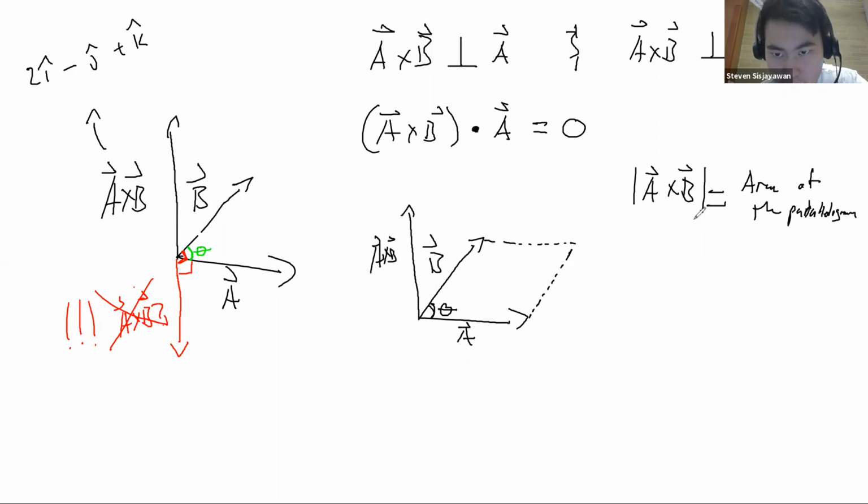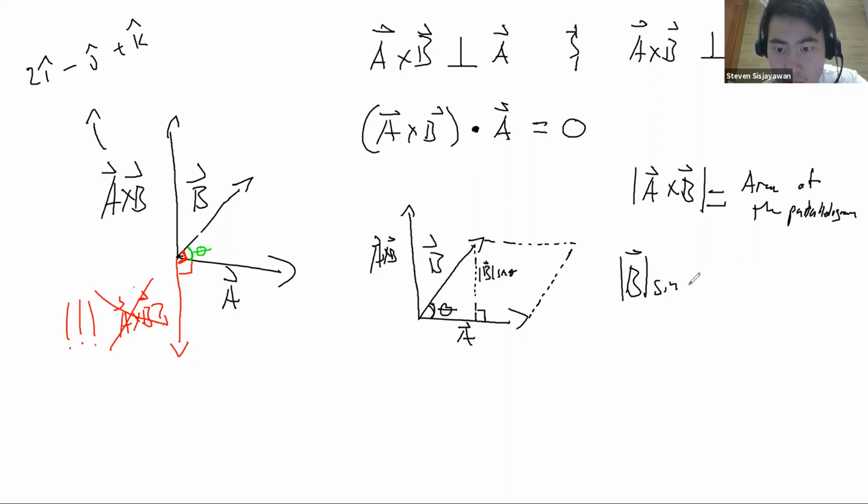All right. And just to show you why, let me draw this out. If I draw a right triangle right there, what is this side? B sine theta is going to represent this side right here.